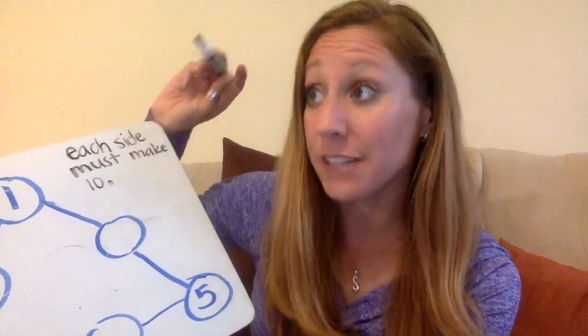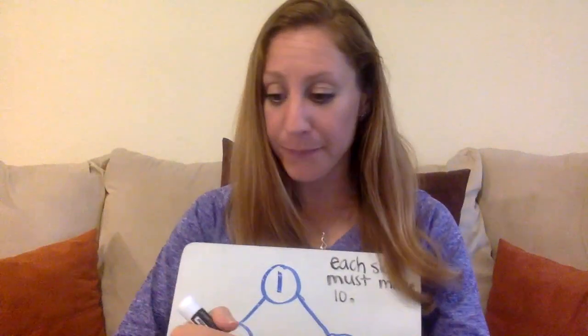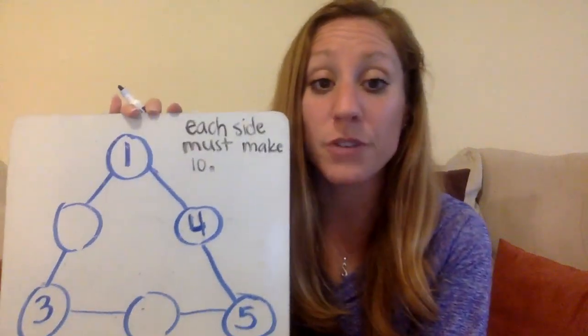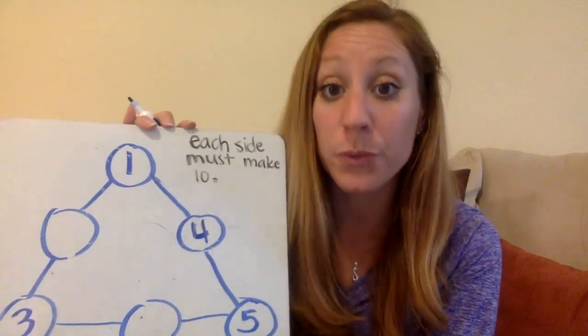And I know that I would need 4 more to make 10. So 5 plus 4 plus 1. My pen's not working very well. So 5 plus 4 plus 1. Oh, that one would work. 1 plus 4 is 5. 5 more is 10.